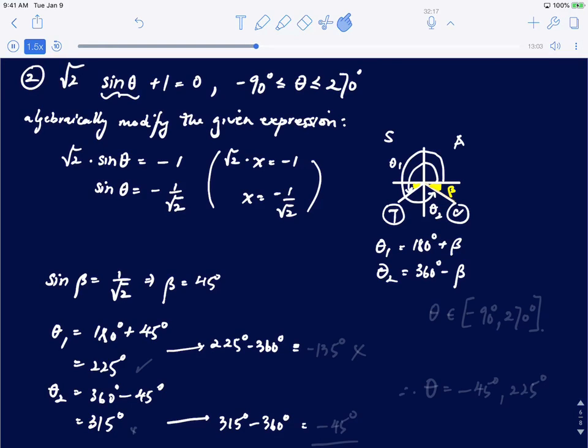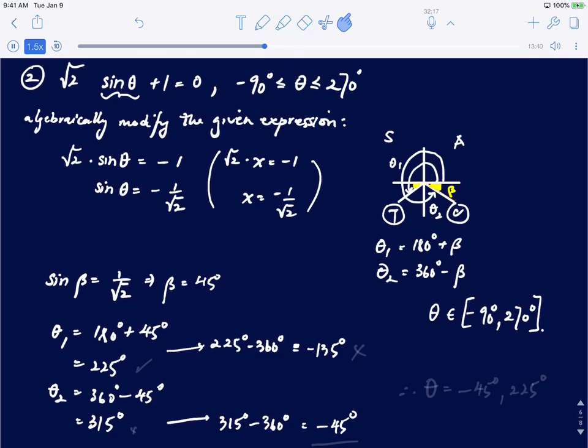We don't really have to work them all out. Technically, you could just say 225 minus 360 is 135... and 675. And this one would be negative 45. Okay, so from these values, which ones match the domain of negative 90 to 270?